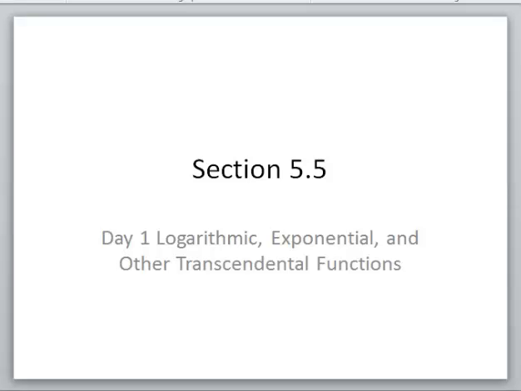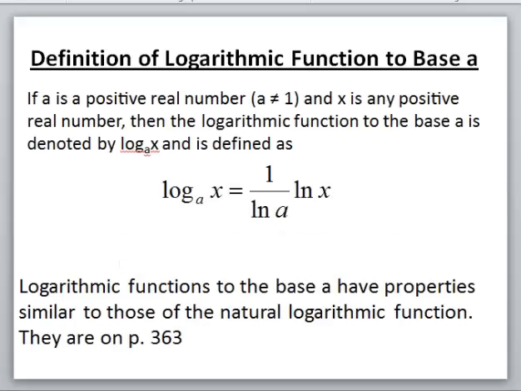All right, in section 5.5, we're going to begin logarithmic and exponential functions. And the first thing I want to do is go ahead and define what a logarithmic function is. So if a is a positive real number and a cannot equal 1, and x is any positive real number, then the logarithmic function to the base a is denoted by log base a and is defined as log base a.